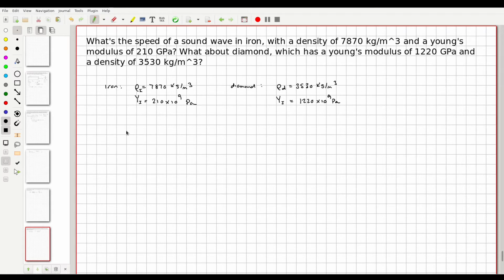Okay, so for iron, the speed is going to be the square root of 210 times 10 to the ninth pascals divided by 7,870 kilograms per meter cubed.